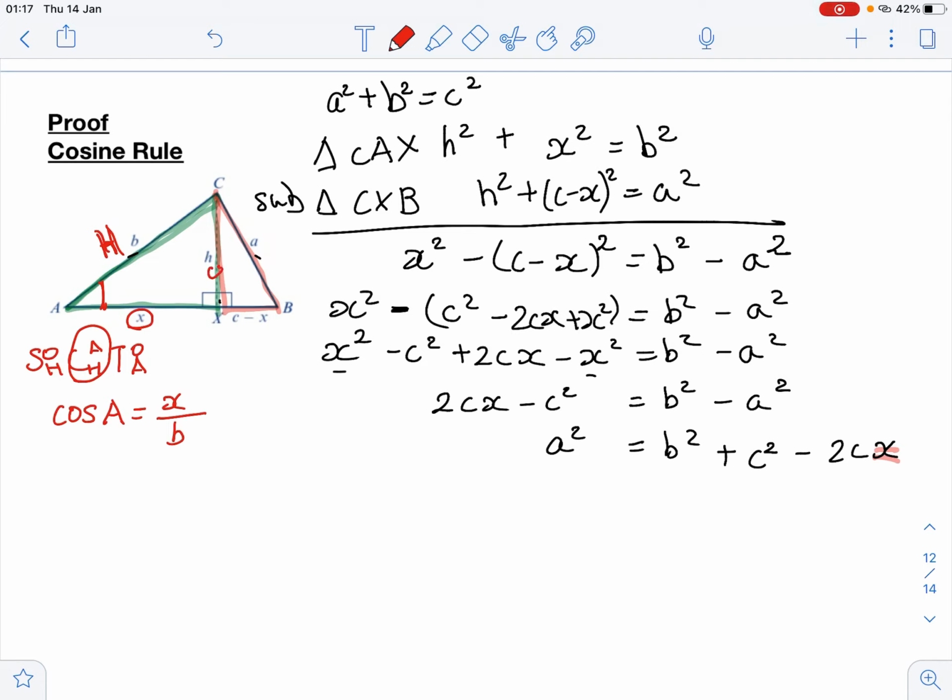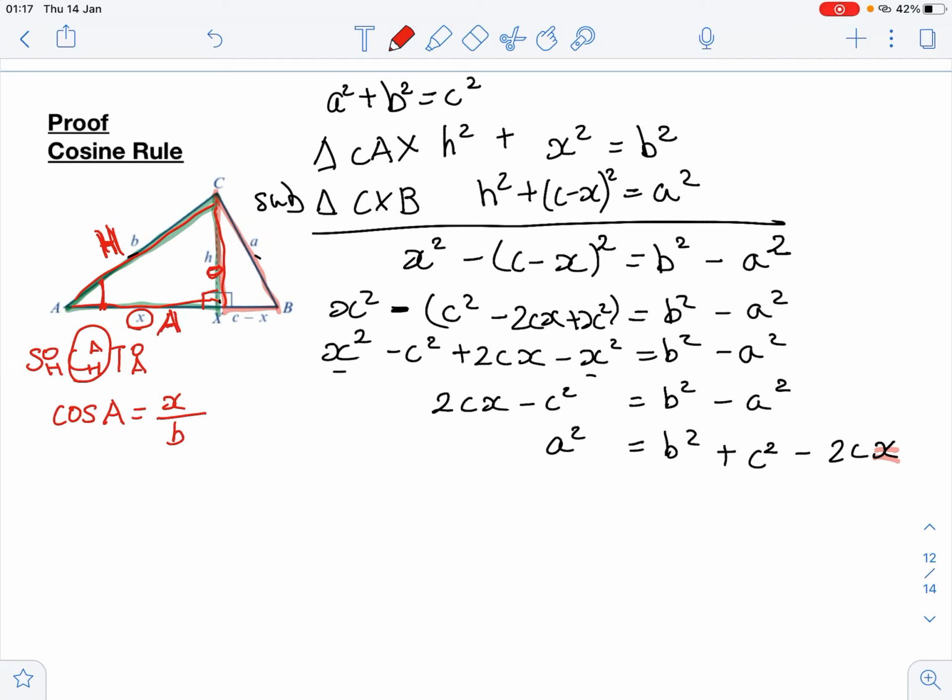This is the opposite side, and this is the adjacent side. So this is our triangle here. This is our hypotenuse, which is opposite to the right angle. Then this is angle A, which is what we want to find out. So this is our opposite side, and this is our adjacent.